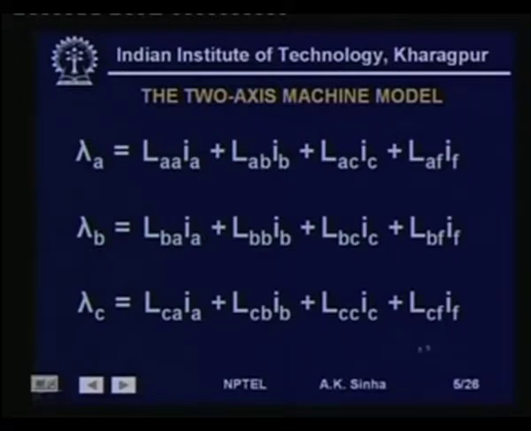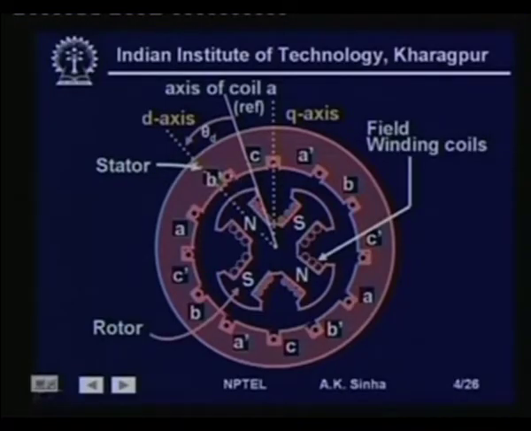Now, if we look at these inductances L_AA, L_AB, L_AC, L_AF, all these inductances are going to be varying depending on the position of the rotor, because when the position of the rotor is near to the axis of any given coil, then the inductance is going to be much higher at that point, whereas when it is away from the axis of that coil, then the inductance is going to be much smaller.